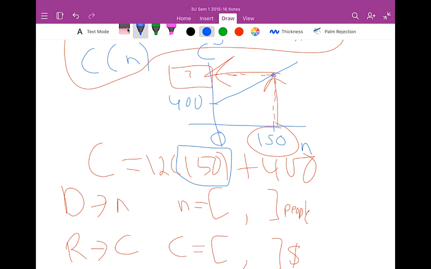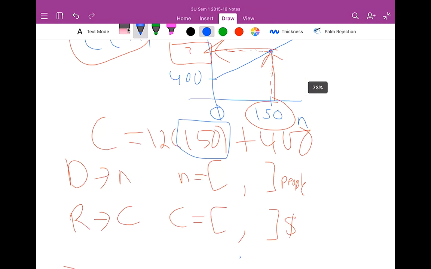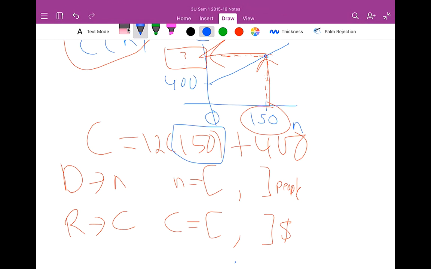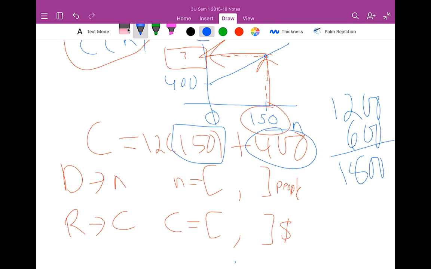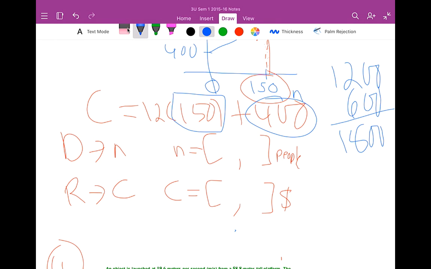Okay, 12 times 150. So what is that, right? 12 times 100 is 1200. Then 12 times the extra 50 would be 600. That's 1800. And then I have the extra 400, so it's 2200.